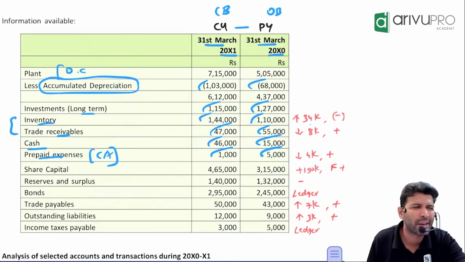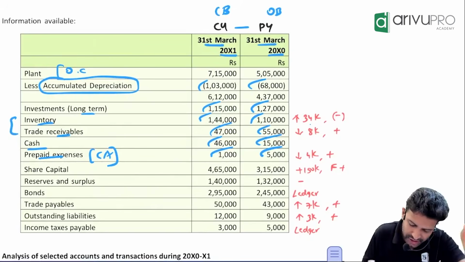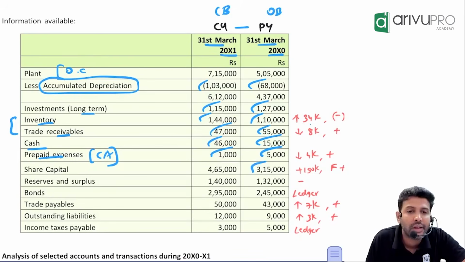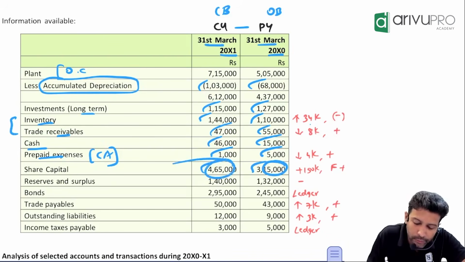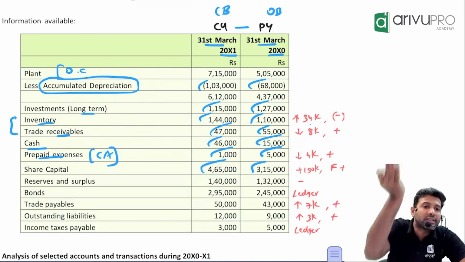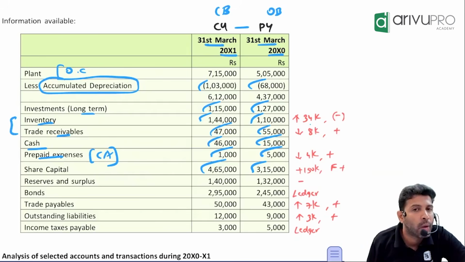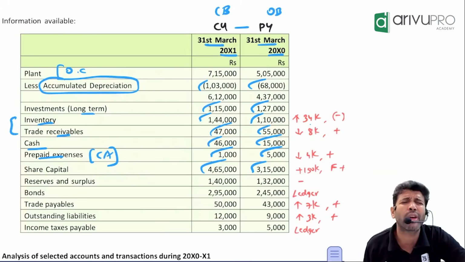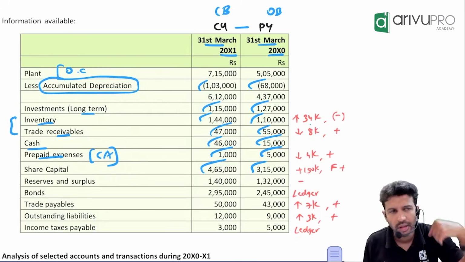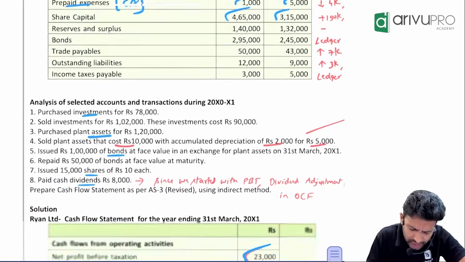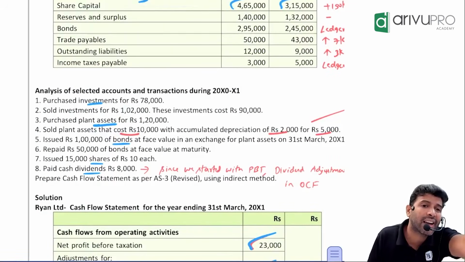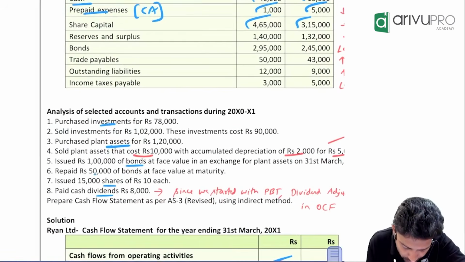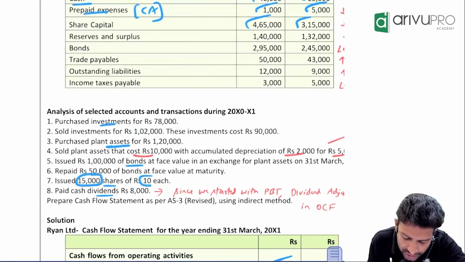Next, share capital. I think there was an adjustment for share capital. I think they will simply say shares are issued. Check if you want. Opening how much? 315. Closing? 315 has become 465, so share capital has increased by how much? 1,50,000. Sir, how can share capital increase? When you issue the shares. If you want, you can read that adjustment also. Check this adjustment: we have issued 15,000 shares of 10 each.